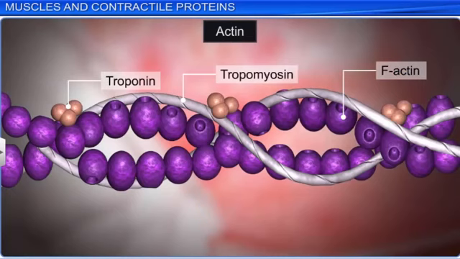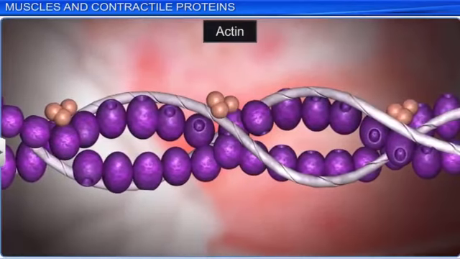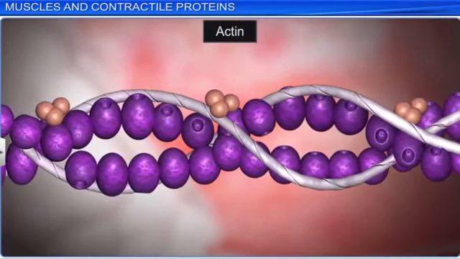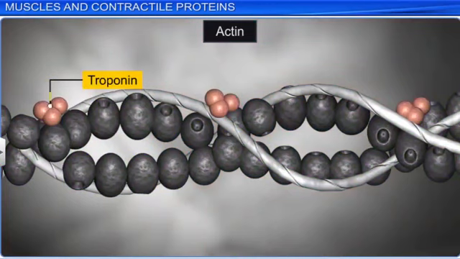These F actins also have two filaments that run closely throughout their length. These filaments are made of a protein called tropomyosin, which bears another complex protein called troponin at regular intervals. In a resting state, a subunit of troponin covers the active binding sites for myosin on the actin filaments.